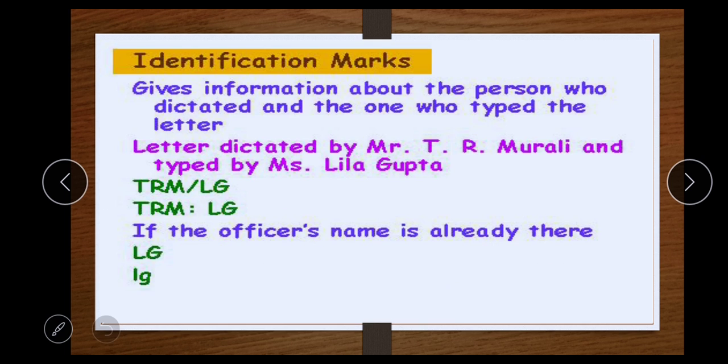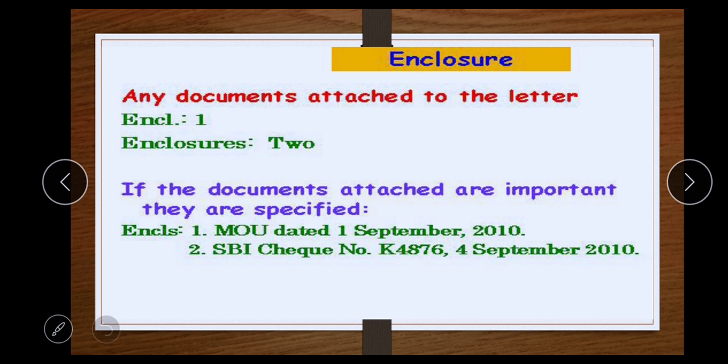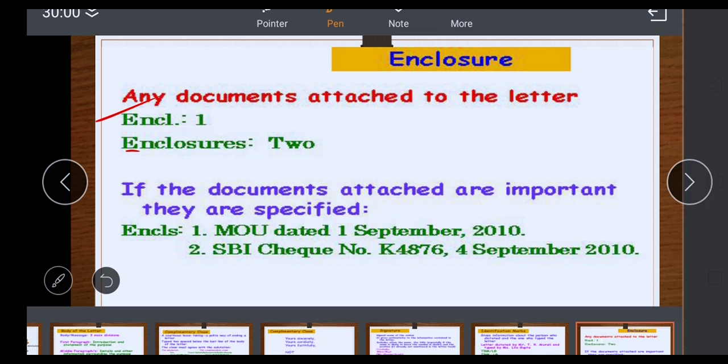Then identification marks. Sometimes we dictate the information and someone composes or types it. This is mentioned here: letter dictated by T.R. Murli and typed by Mrs. Leela Gupta, and this is written as TRM, T.R. Murli, the dictation given by that person, and LG means Leela Gupta who typed that letter. Enclosure: any document attached to the letter is called an enclosure, and this is the method to write it.